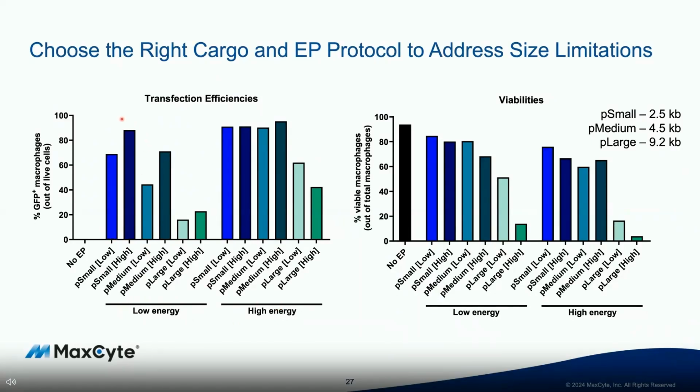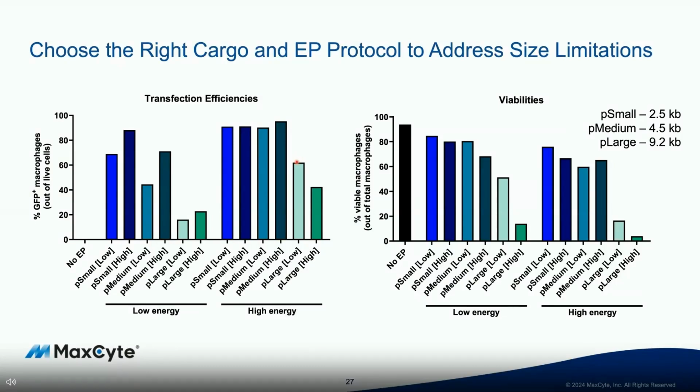You can see that the smaller DNA plasmid at 2.5 kb can get in with pretty high efficiency even with the lower energy. And as you increase in DNA size, the efficiency does decrease. You can compensate for the decrease in efficiency by increasing the electroporation energy here. So you can see that even with the medium-sized plasmid, now you're getting in at over 80%. The larger plasmid still has challenges of getting in, although you can get in at 60% here.